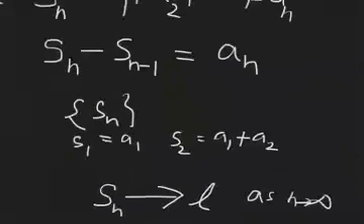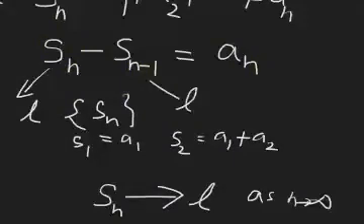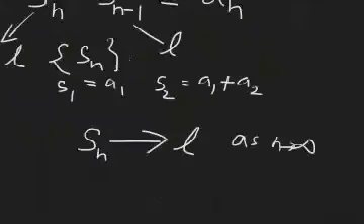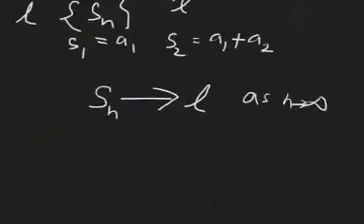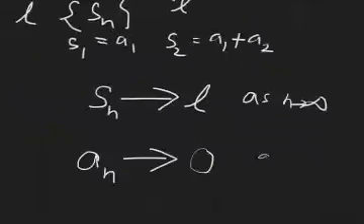Let's take the limit of this expression. This goes to L, this one also goes to L as n tends to infinity. The difference between L and L, then what happened? a sub n goes to 0 as n tends to infinity.